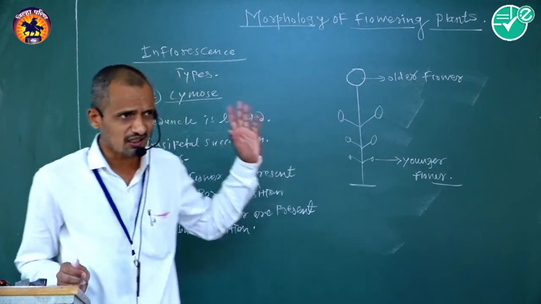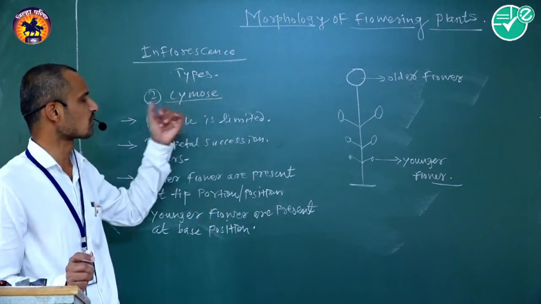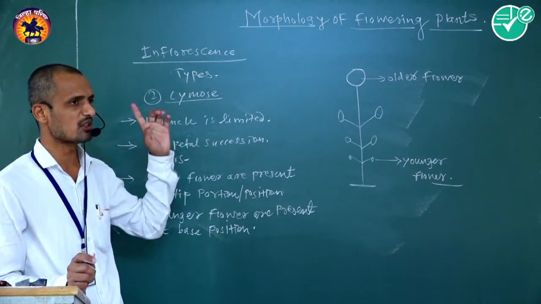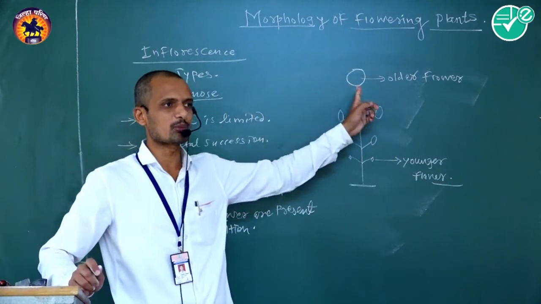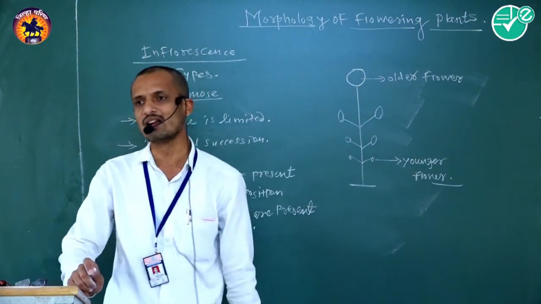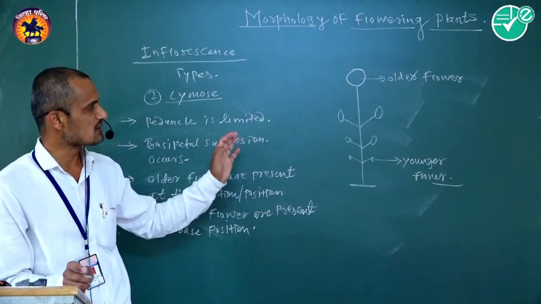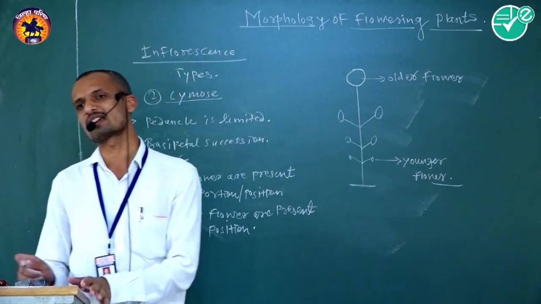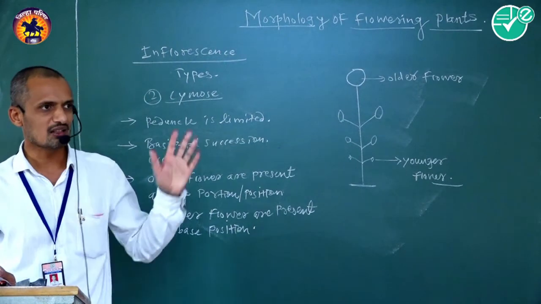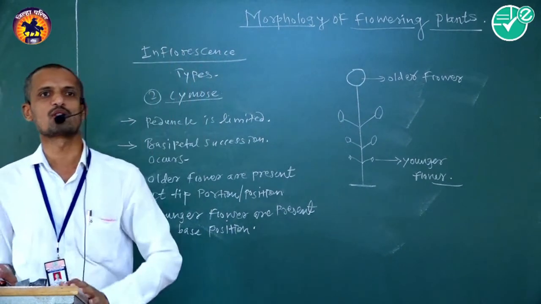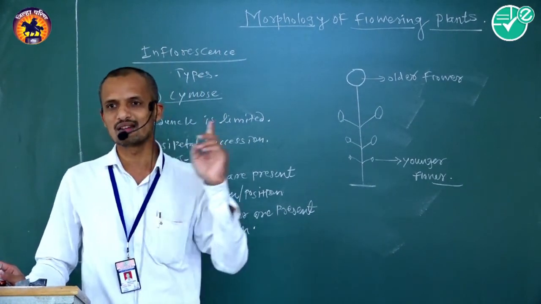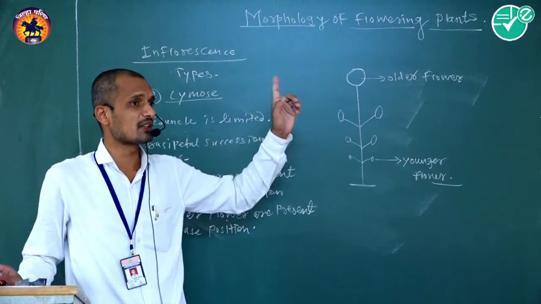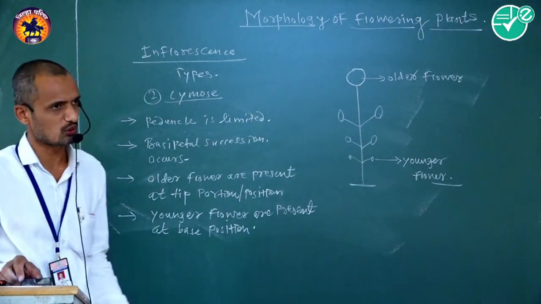And then the last one is cymose inflorescence. Cymose inflorescence means older flowers are present at the top portion and younger flowers are present at the base portion, that is basipetal succession takes place. The growth of the peduncle is limited during this kind of inflorescence.